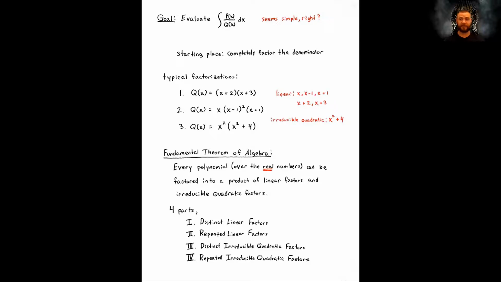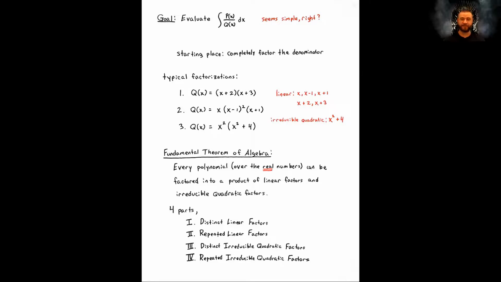Unfortunately, not only is this the standard labeling, but as the numbers go up for those different parts, the difficulty increases with them. So part 1, distinct linear factors, is pretty simple. Part 4, repeated irreducible quadratic factors, is awful, but we're going to learn about it anyway.